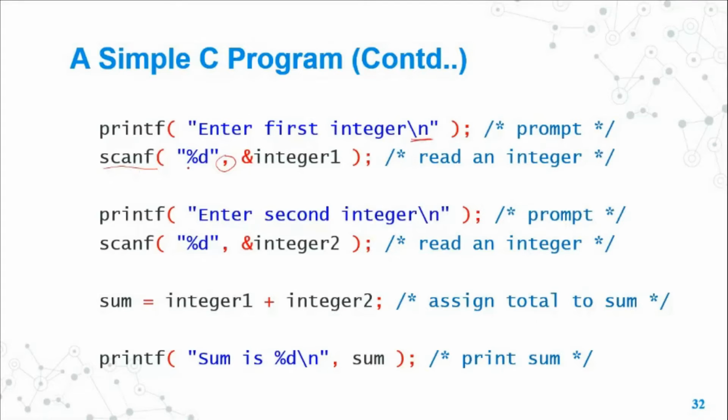In this case, two separate parameters are required for scanf. The first parameter, within the double quotes, the %d symbol, represents the format control string. The format control string denotes what type of value will be read by this particular function.